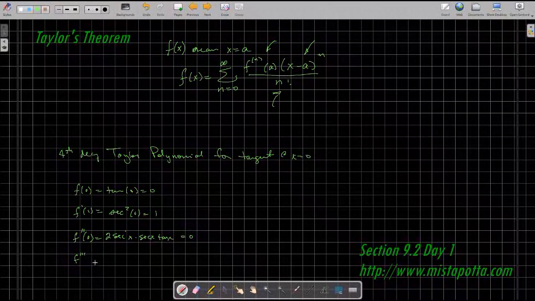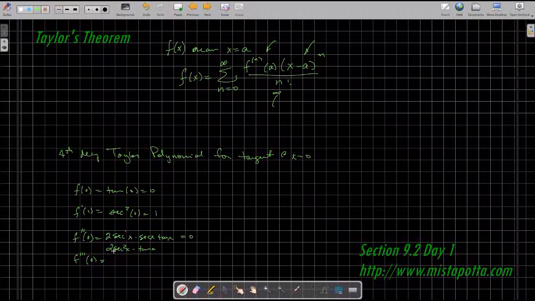The third derivative of this, I'm going to have to treat like a product rule, because I've got 2 secant squared x times tangent x.